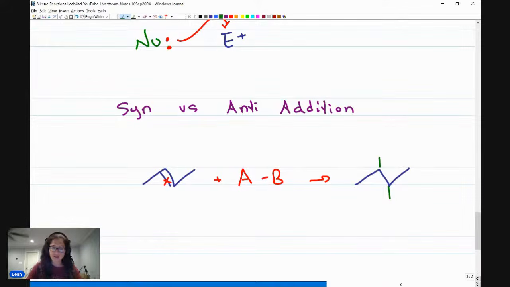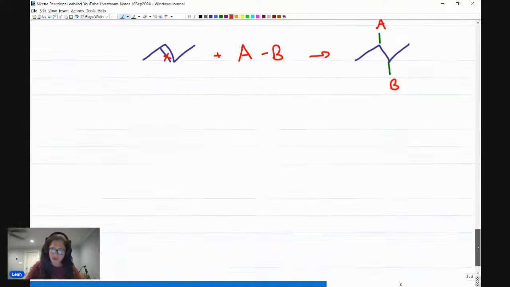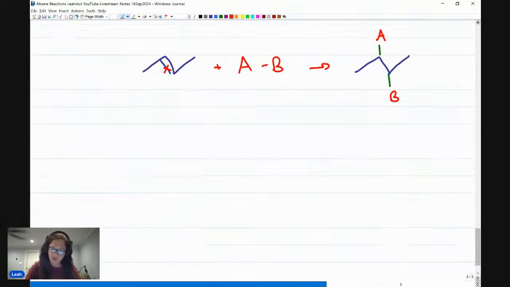So the former sp2 carbon atoms, one holding the group A and one holding the group B. The way that these add are very specific to the reaction.